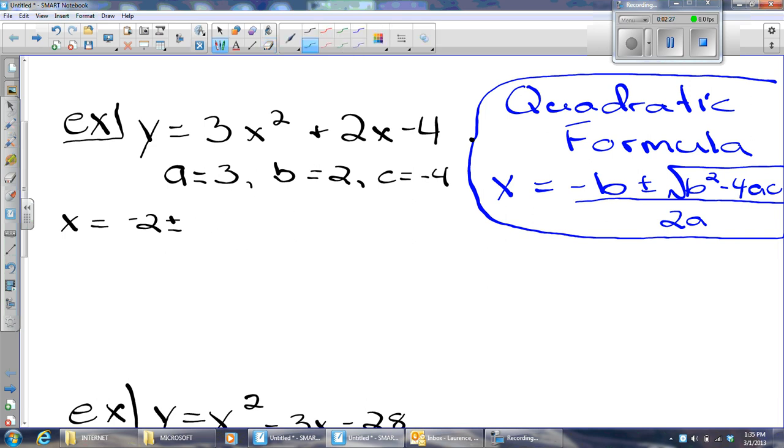Let's rewrite this: square root of 2 squared minus 4 times 3 times negative 4, all over, let's extend this, all over 2 times 3.